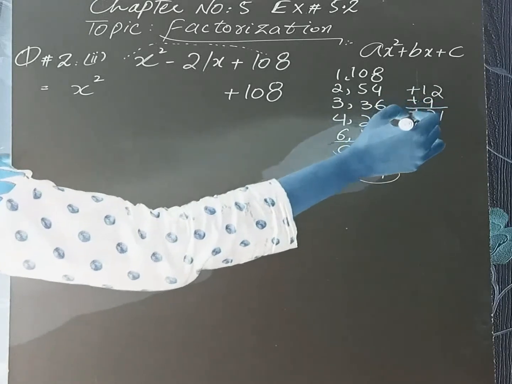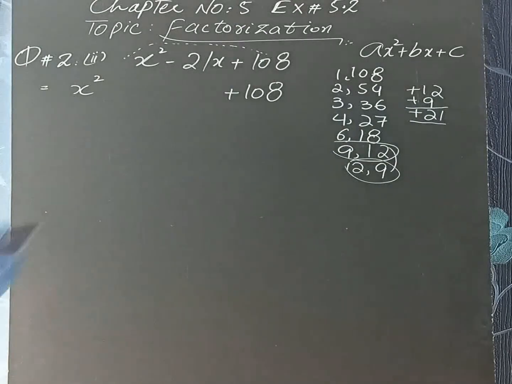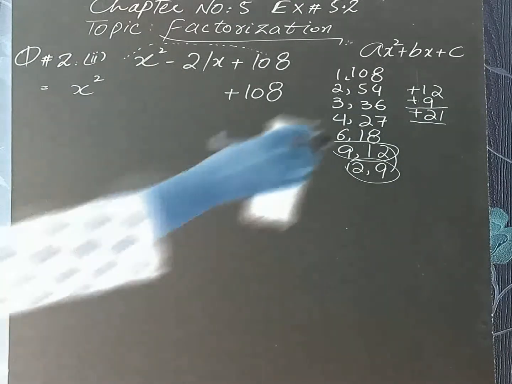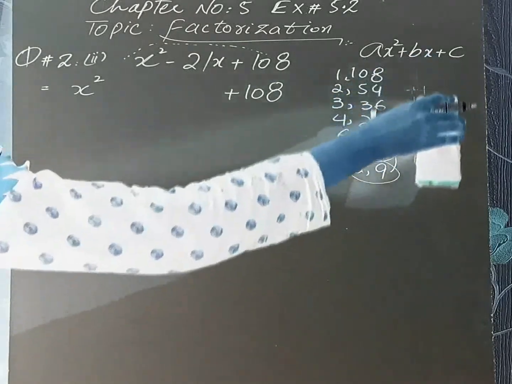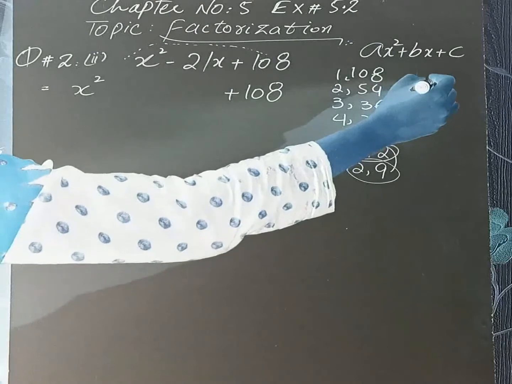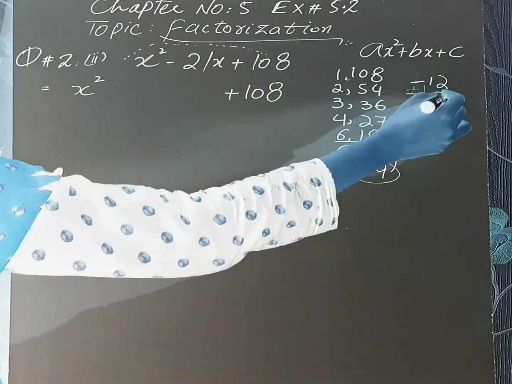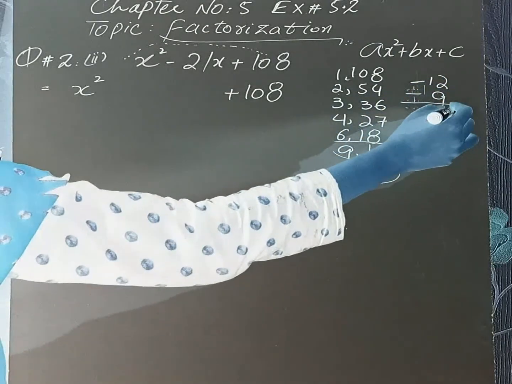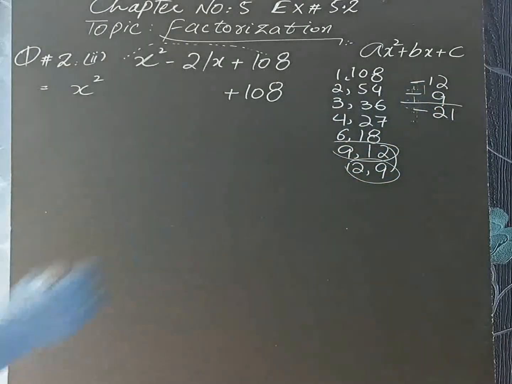Sign is of greater value. That is plus 21. This is minus 21. It means we can't use these signs. We will have to use some other sign. Minus 12, minus 9. Minus and minus is minus, and the sign is of greater value. It means we'll put minus with both 12 and 9. We get minus 21.